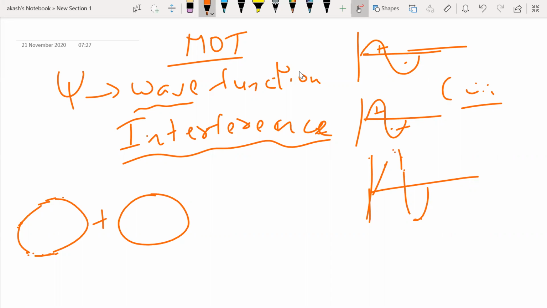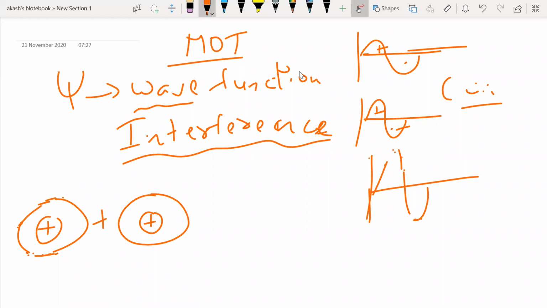But there are other ways of doing it also. See, this plus I wrote here is not talking about the charge. It is talking about the wave. The wave is entirely above the origin. That's what you need to understand.